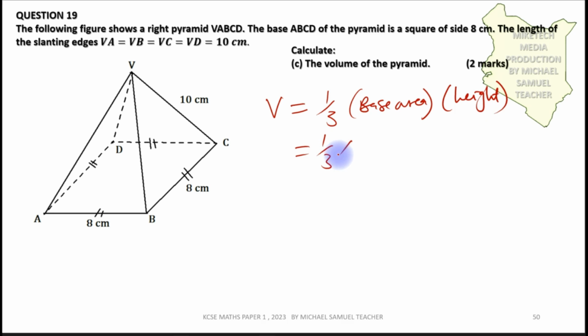So we have a third, the base area, remember it's a square base, so 8 times 8. Then the perpendicular height, which we got in part A as 8.25. Therefore, if you use a calculator and multiply, we get 176 centimeters cubed.